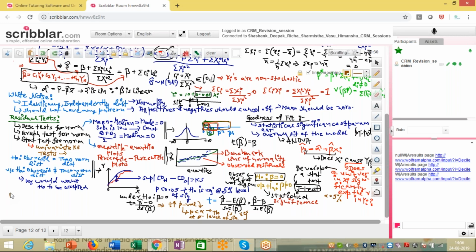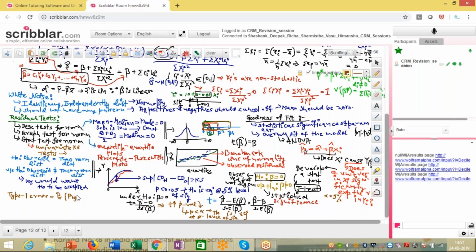So your type 1 error will be the probability of rejecting H0.